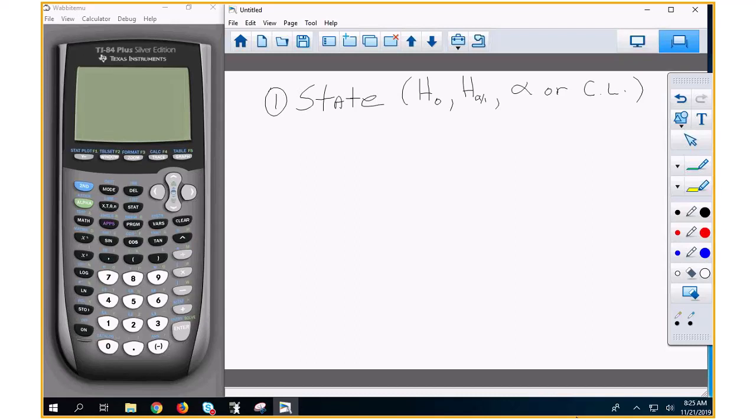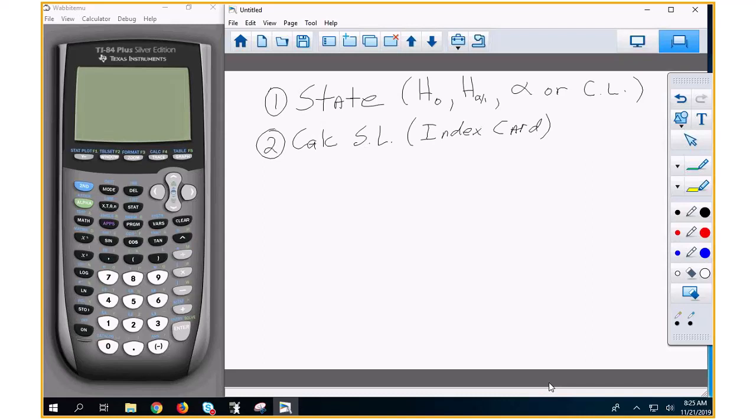The second thing you're going to do is figure out the tails of the test. Now, what does that mean? I thought you wrote it up there. No, that's your index card. Remember the index card that you were supposed to put together? Find out where you need to be with your index card.